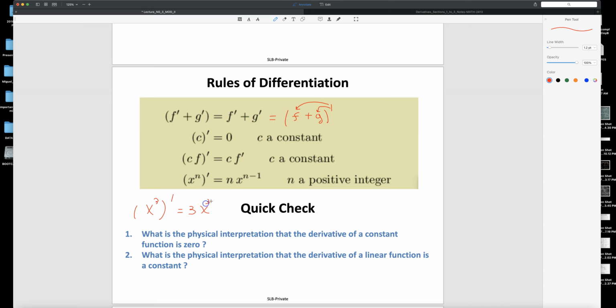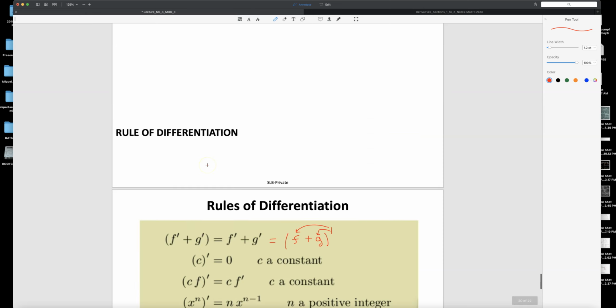It's 3 minus 1, so this is going to be 3s squared. This is the derivative of this one. Look at here. The derivative of a polynomial function is a degree lower than the original function. You see?